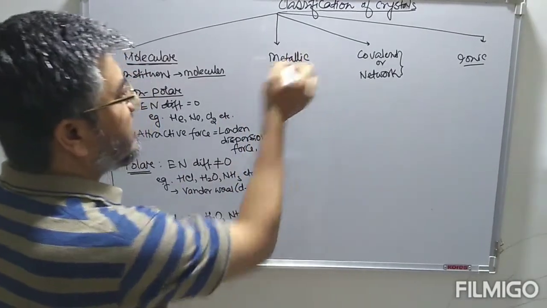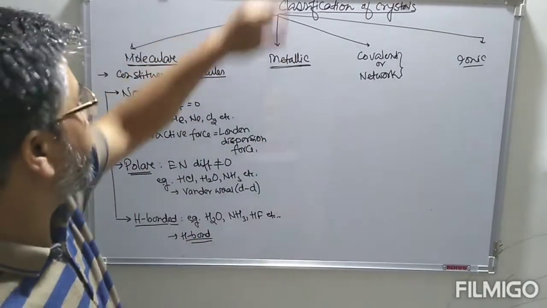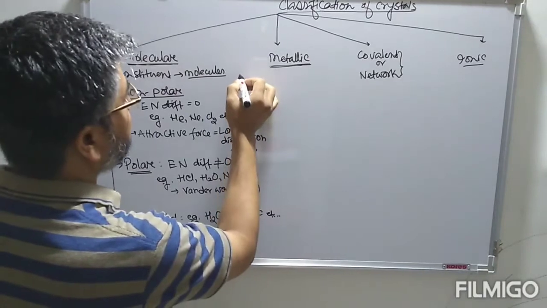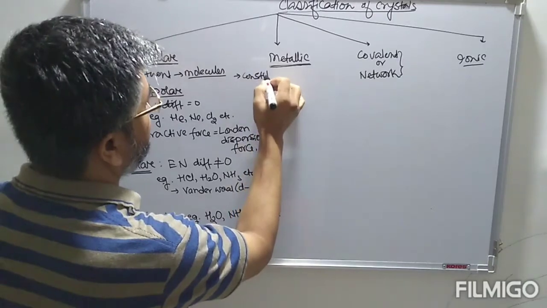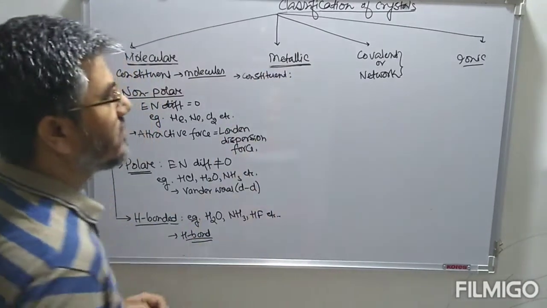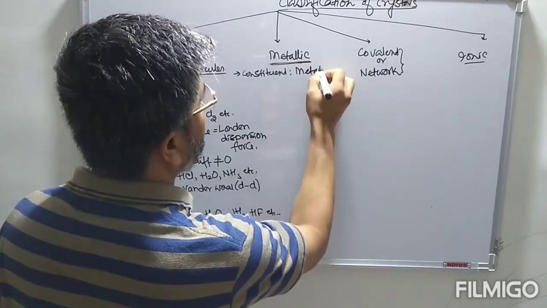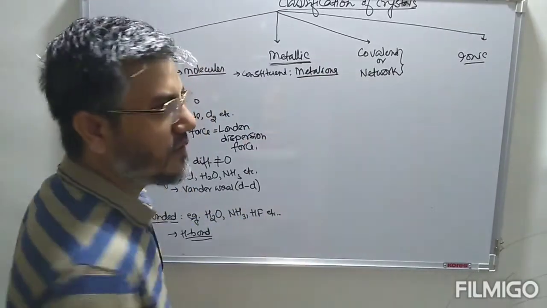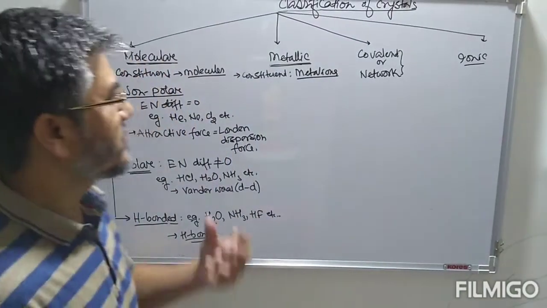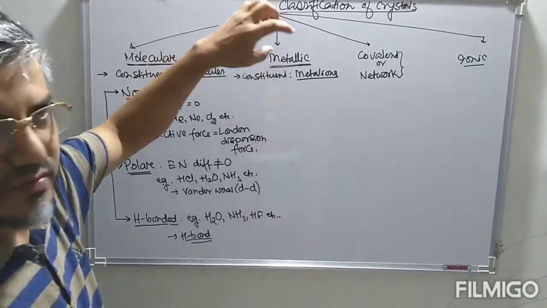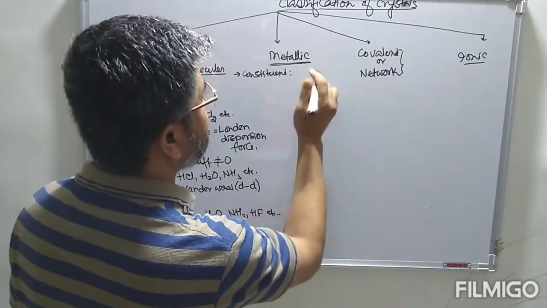Coming to the second category, that is metallic crystals. Now in these metallic crystals, the constituent of a metallic crystal is metal ions surrounded by an ocean or sea of electrons, or simply we say these are metal atoms.